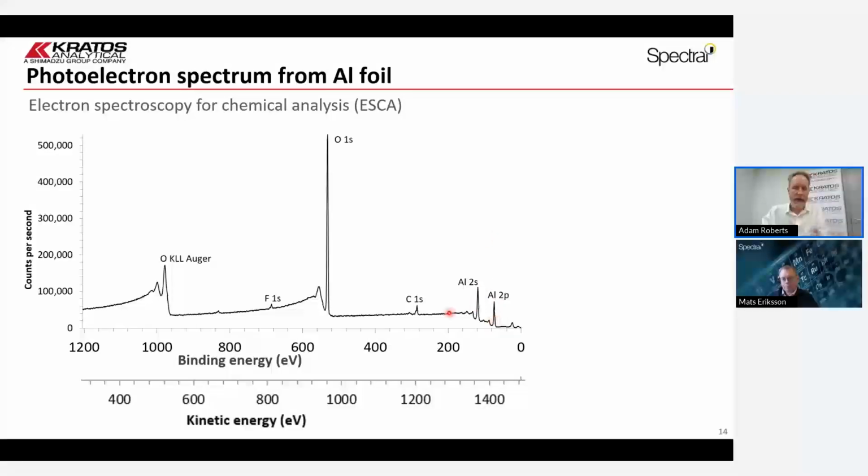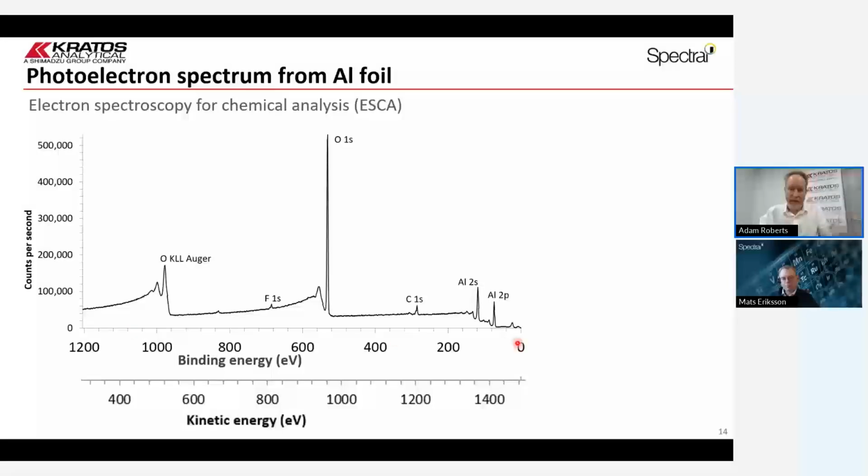So very quickly we can get a fingerprint of the elements within the volume that I'm measuring. And we can think either in binding energy or the inverse, kinetic energy. So at this end of my spectrum, the low binding energy, high kinetic energy, will have a greater sampling depth. This end of my spectrum is more surface sensitive, so higher binding energy, but lower kinetic energy. More surface sensitive, can't travel as far through the material.